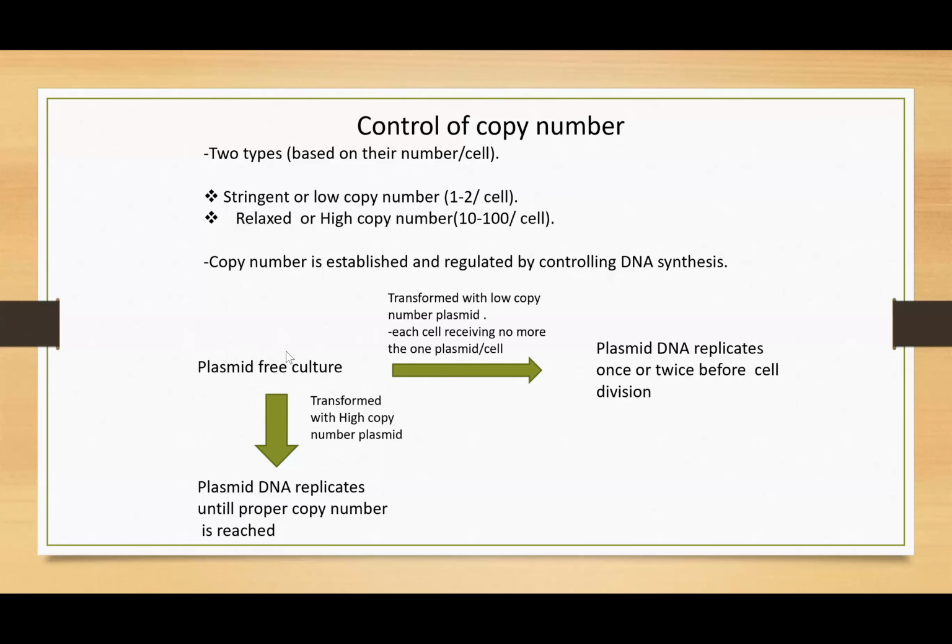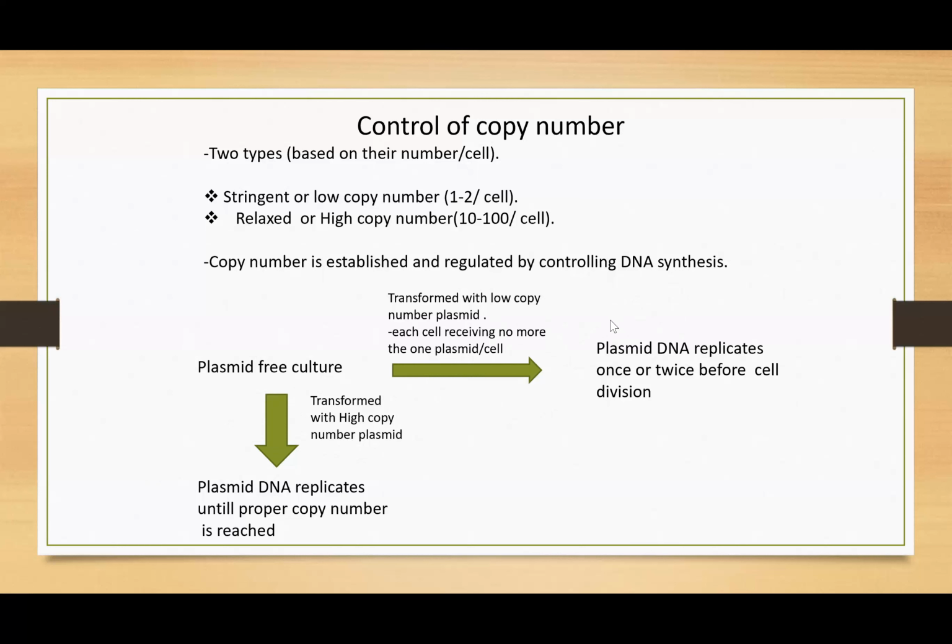Then this culture was on one hand transformed with a low copy number plasmid, and on the other hand, the same culture was transformed with a high copy number plasmid. The transformation was such that each cell receives not more than a single plasmid.